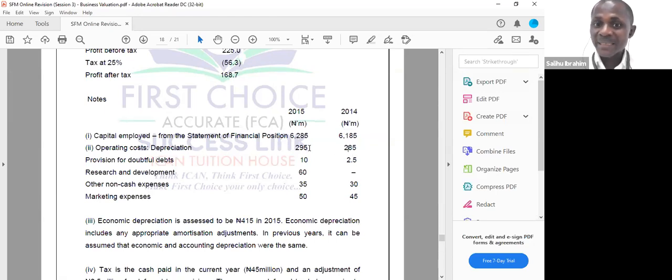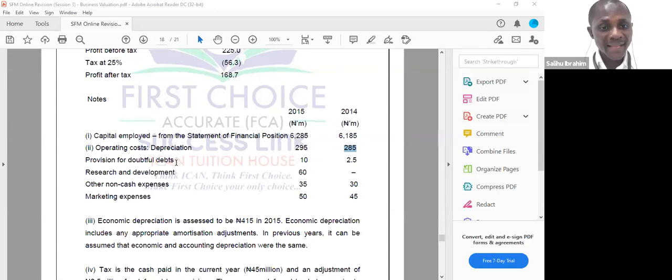You will see that the depreciation I added to 2015 profit is different from the depreciation I'm adding to capital employed for 2014. Can you see that? So add your depreciation back to 2014 capital employed.